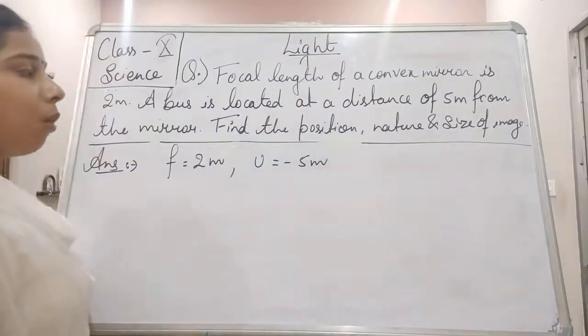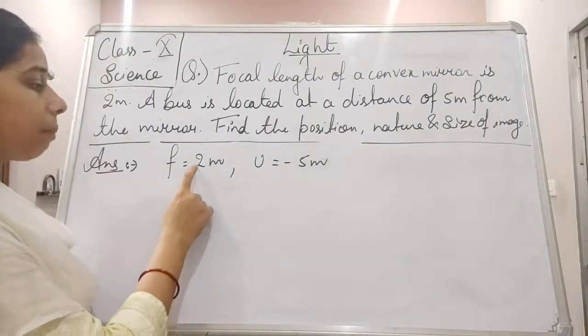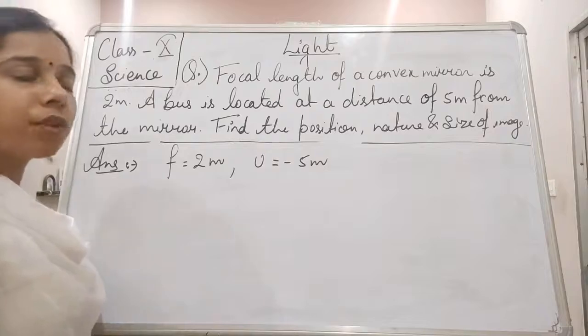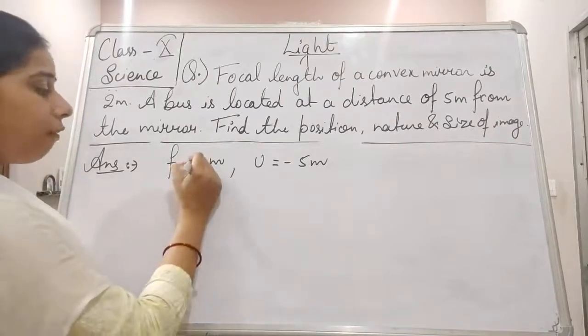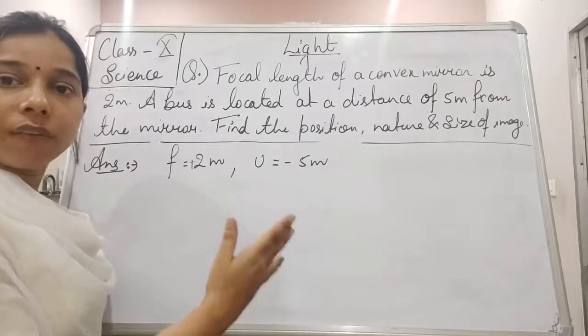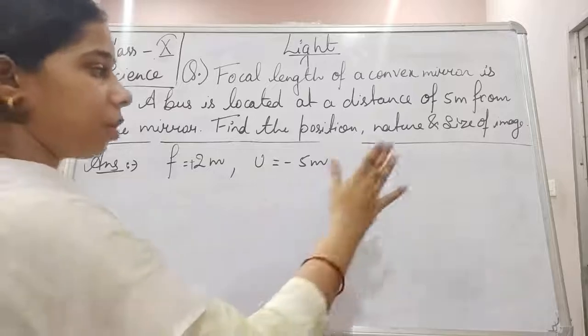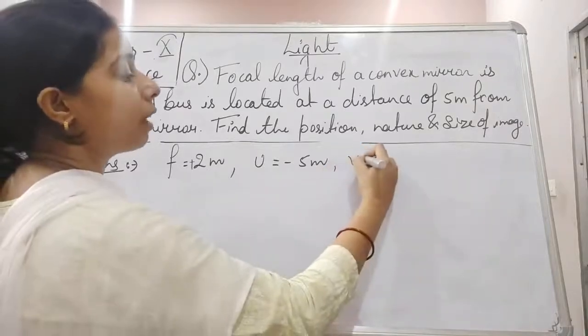Here, why have I made this focal length of the convex mirror a plus 2 meter, students? Because we know that the focal length of the convex mirror is always positive. It is at the right side, and that is why it is always positive, while the object distance is always negative. What are the things that we have to find? We have to find v.